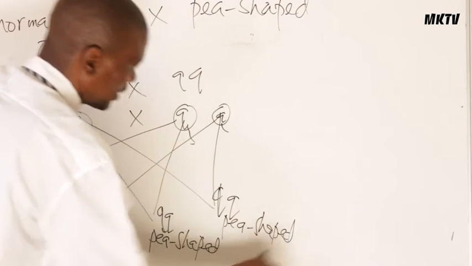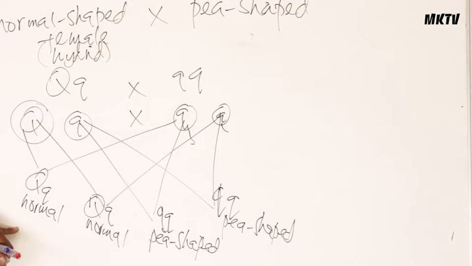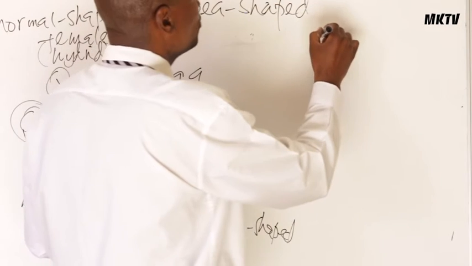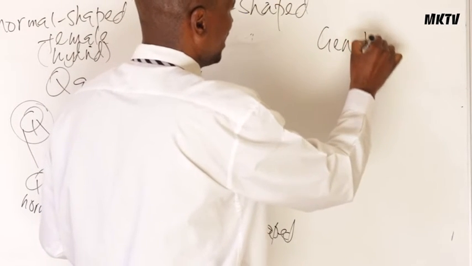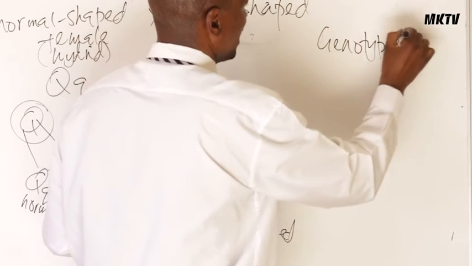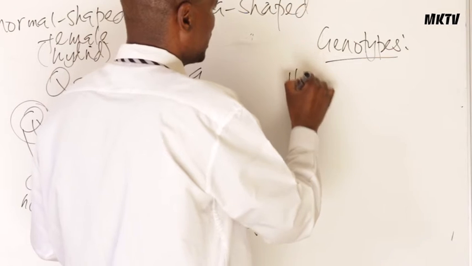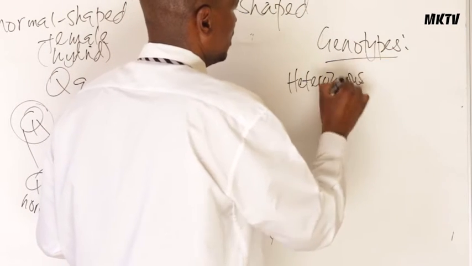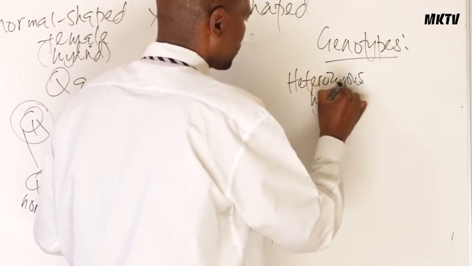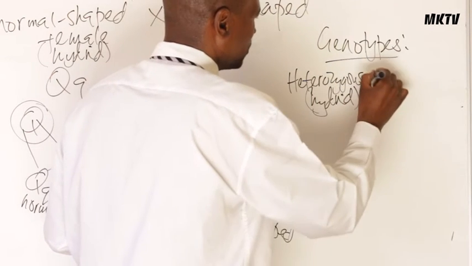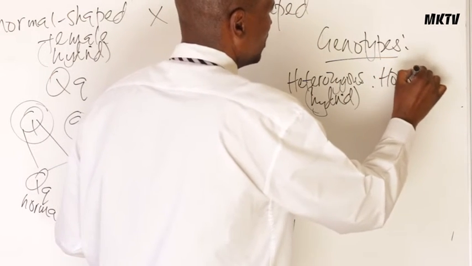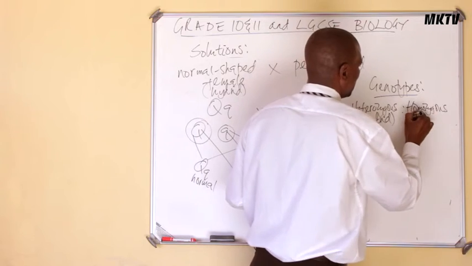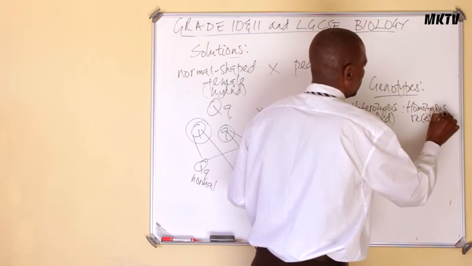So here we have a different situation, different scenario. There are 2 phenotypes and 2 genotypes. Let's start with the genotypes. So the genotypes, we only have 2. It's either a heterozygous, which is a hybrid. There is also a homozygous recessive, which is a pure-breed.